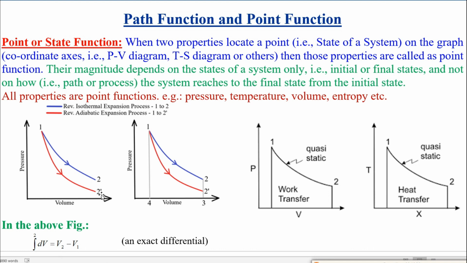On that path, those properties P, V, T, etc. do not depend. But which properties depend? That is work transfer and heat transfer. And finally, work transfer and heat transfer are not called properties. So all properties are point functions, that is pressure, temperature, volume, entropy, etc.